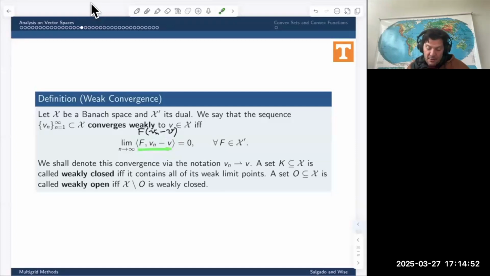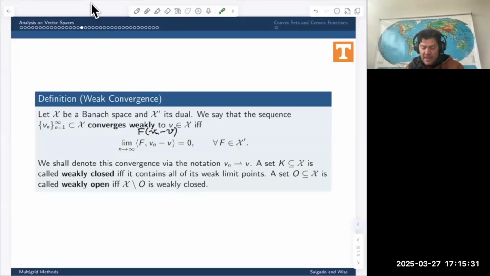So this linear functional acting on v_n minus v is equal to 0 as I take the limit, right? The limit as n goes to infinity of f of v_n minus v is equal to 0. But this has to hold for every f in the dual space. That's the only way that you can get this thing called weak convergence. It has to hold for every functional in the dual space.